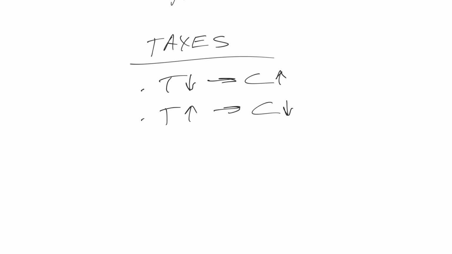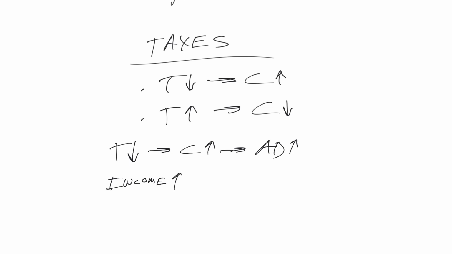So here we go. Let's have the taxes go down. If taxes go down, then we've got consumption going up, and then aggregate demand going up, but also income, because income's going up, money demand is going up. That means interest rates are going up, which means investment is going down.